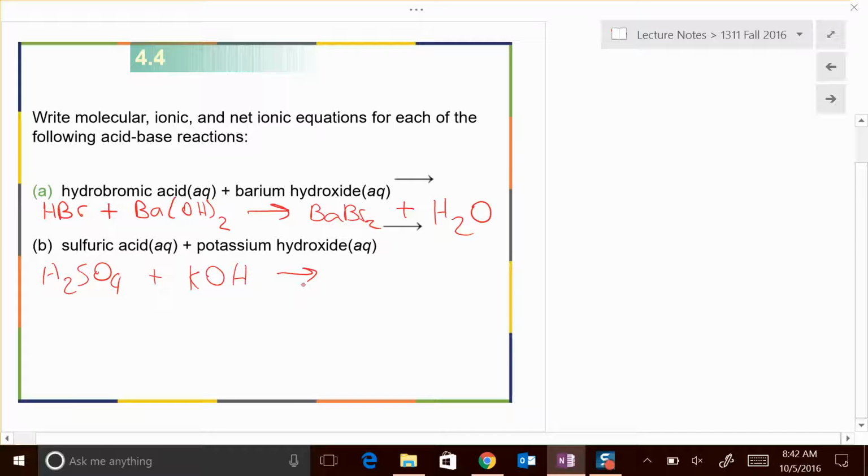Okay, so what am I going to get here? Remember, it's just the first hydrogen that we're really going to consider, well, no, we'll consider both of them because it's a strong base. It's going to pull both of those hydrogens off, that strong base.